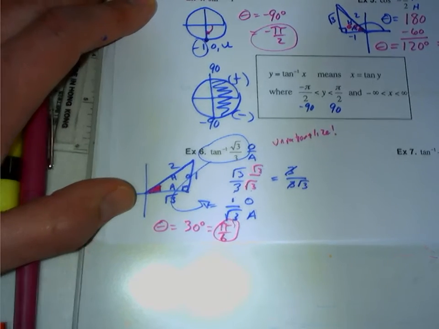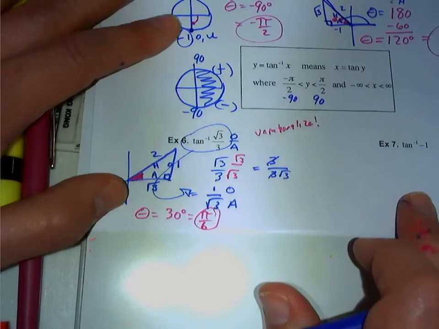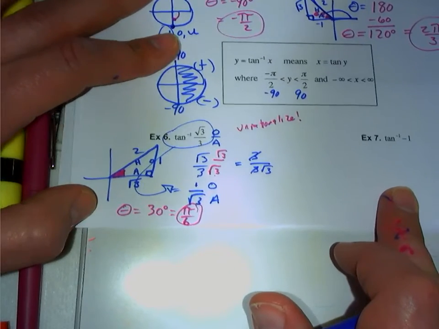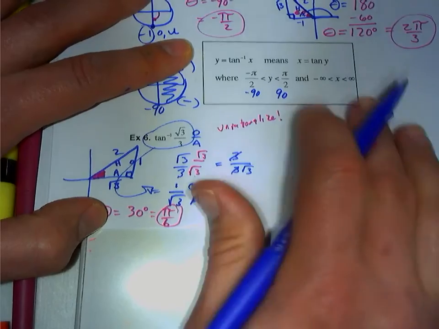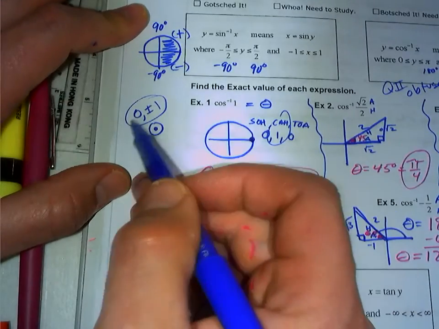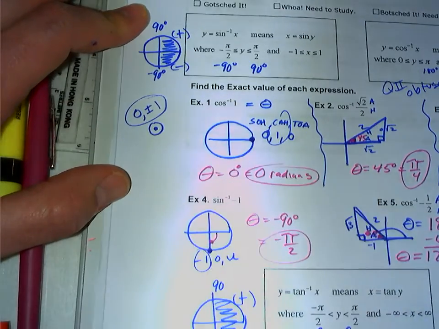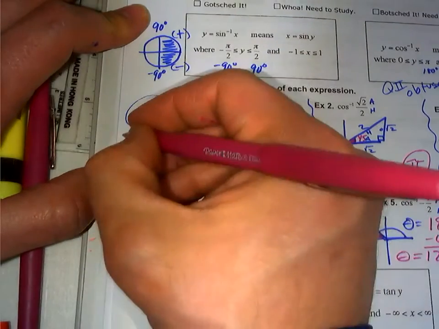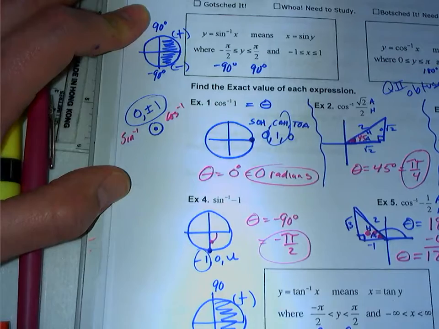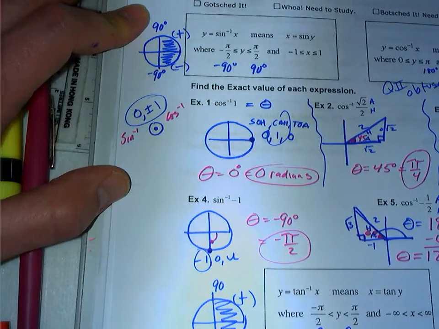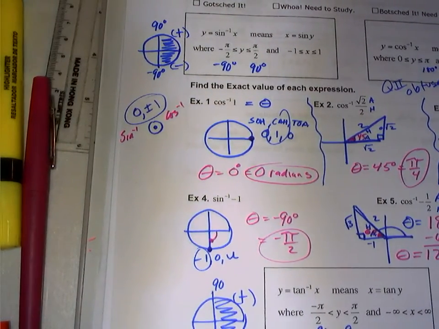All right. Last but not least, for number 7, I've got inverse tangent of -1. Now, I remember up here, Mr. Gotsch said if you have 0 plus or minus 1, think circle. Well, that only works for inverse sine and inverse cosine. So for inverse sine and inverse cosine, if I see 0 plus or minus 1, I'm thinking circle.